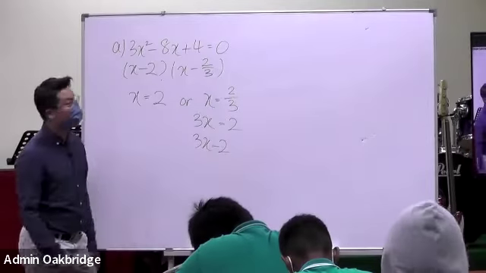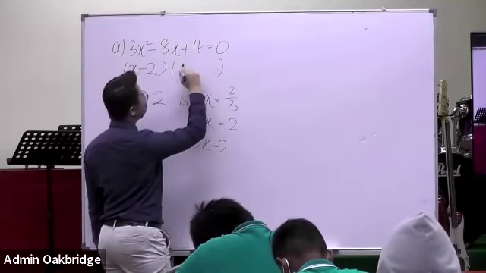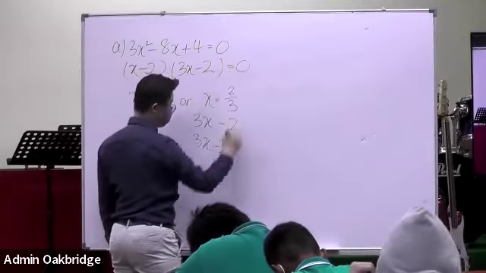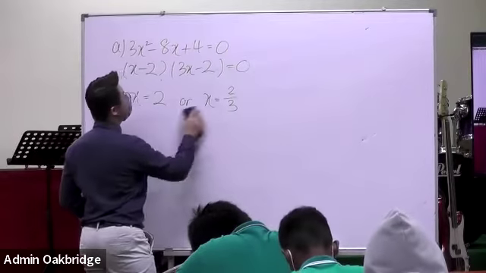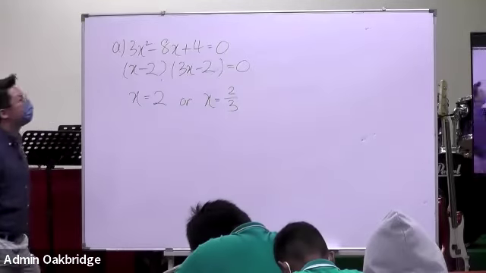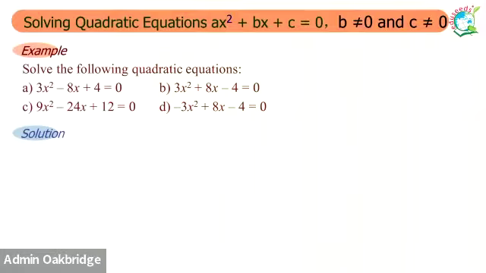This is your factor. All right, you shouldn't write it in this way. You should write 3x minus 2 equals 0. All this you can erase. You don't need to show this. All right, then you will get the full marks already. All right, so this is for question number 1.